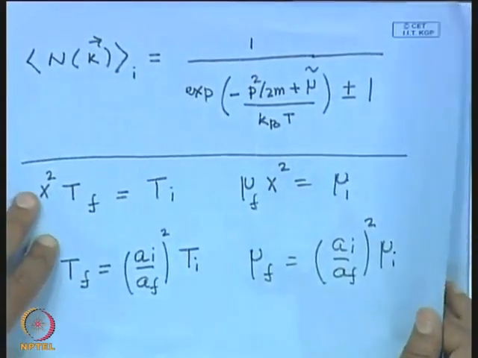What we have been discussing till now is how the chemical potential and the temperature of the distribution evolve as the universe expands. Now let us see how to use the distribution function, how to use the occupation numbers.